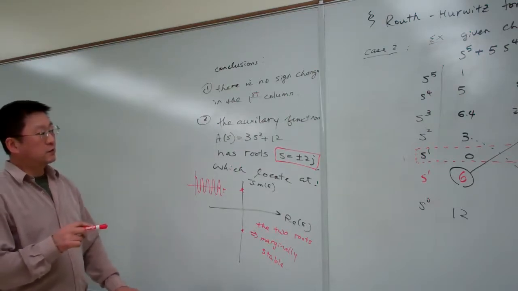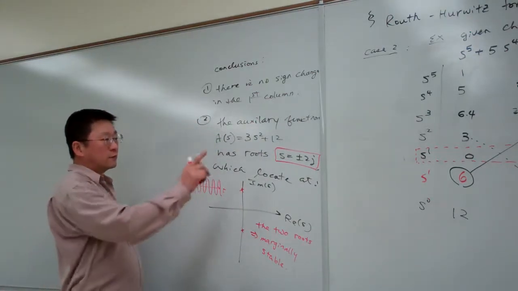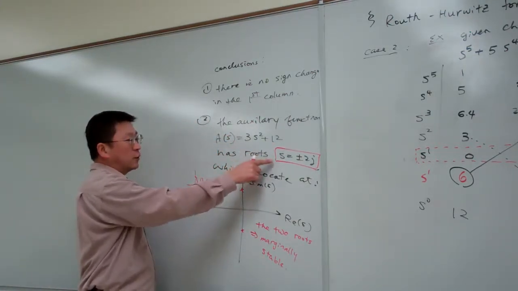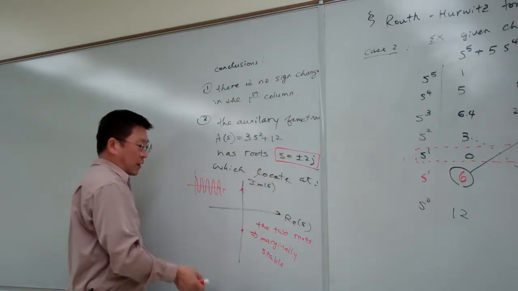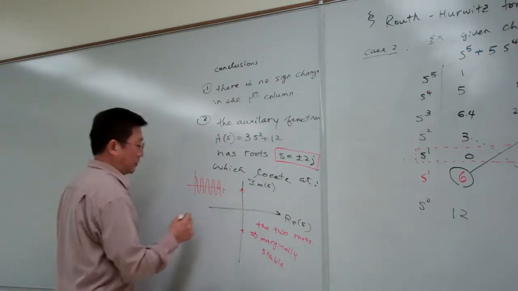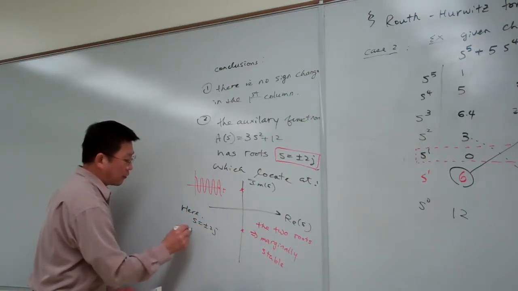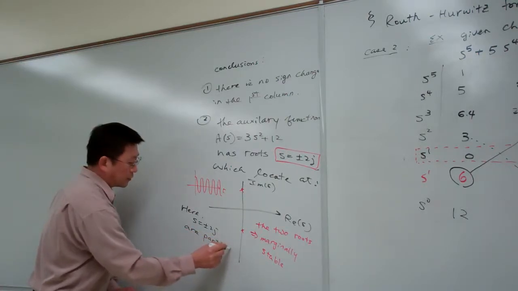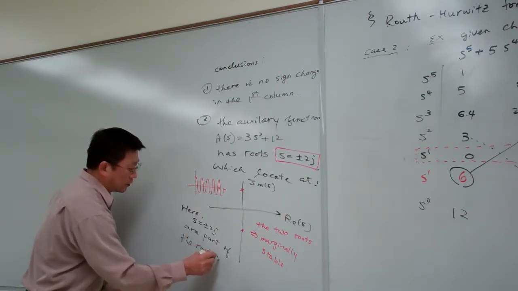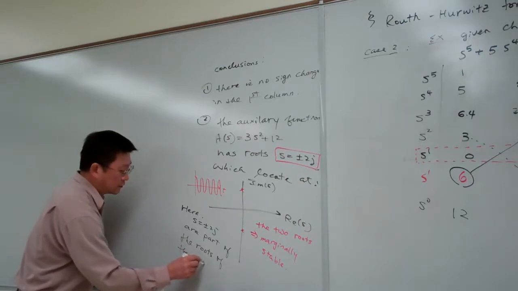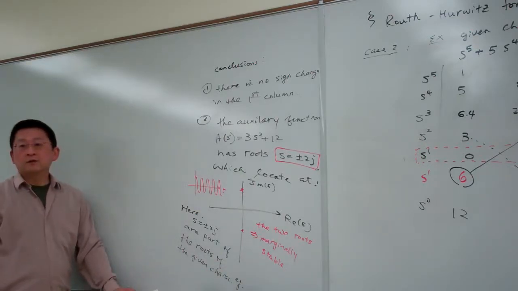So for these systems, we not only look at any sign change, but from the auxiliary function we can also get a hint about the roots. Basically, s equal to plus and minus 2j are part of the roots of the given characteristic equation.